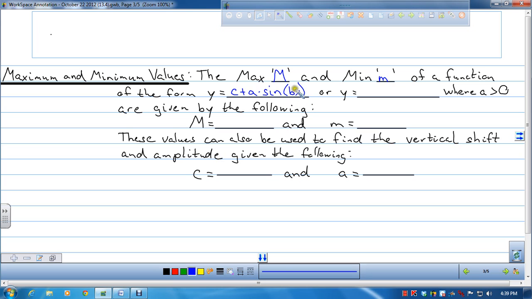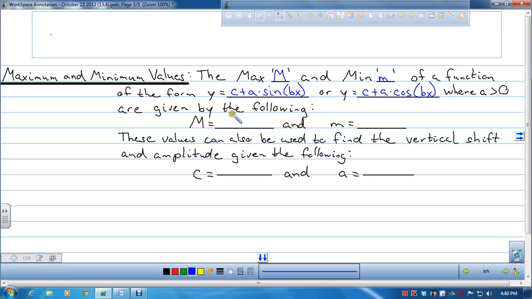Now the change in period won't necessarily change the minimum and maximum. So we'll either have that for sine, or everything's the same for cosine, sine and cosine both, right? Where A is greater than 0. And the maximum and minimum, if we have a C and an A involved, will be given by the following.